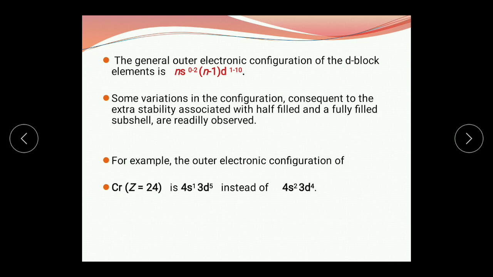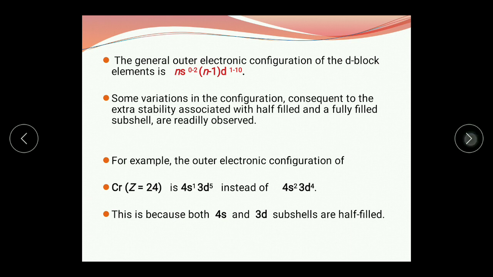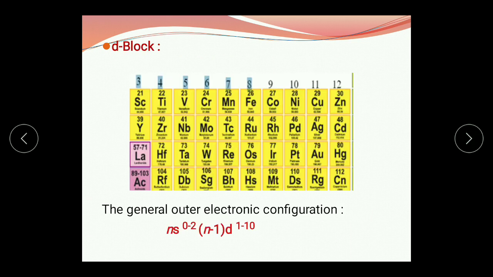And to achieve that stability, one electron from the s subshell moves to the d subshell. And hence the electronic configuration is 4s1 3d5 and not 4s2 3d4. So one electron from s is moved or jumped to the next immediate energy level, that is 3d, and it becomes 3d5. So this is a variation. Hence the general outer electronic configuration of the d block is ns 0 to 2 (n-1)d 1 to 10.